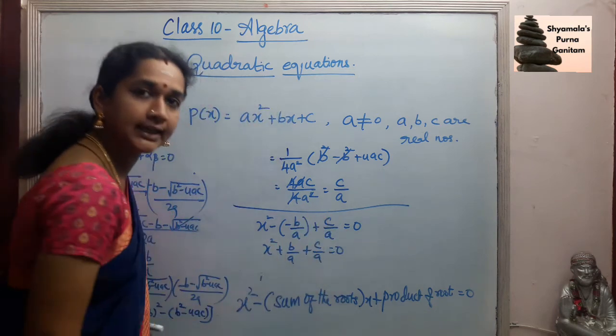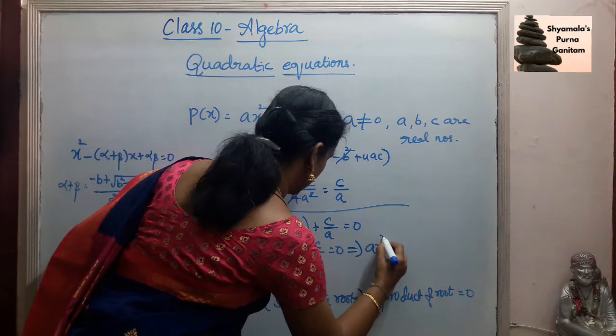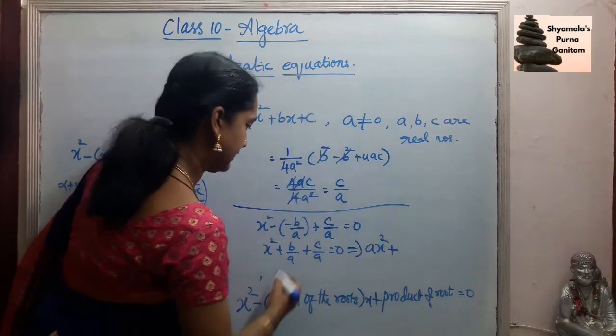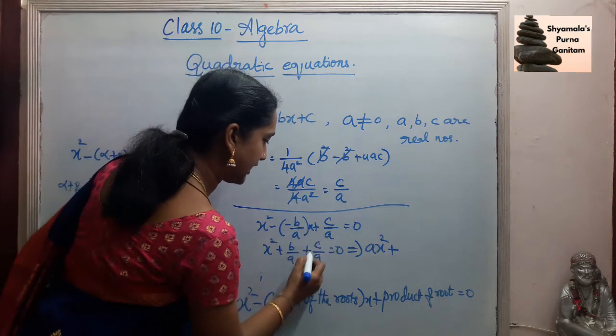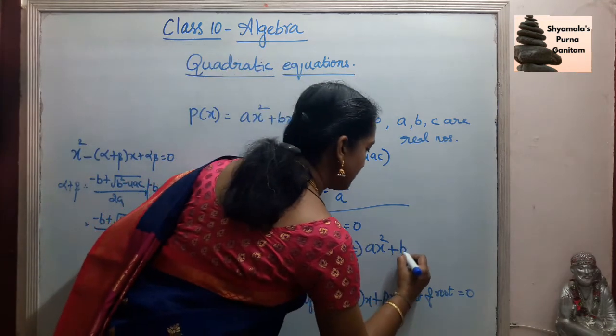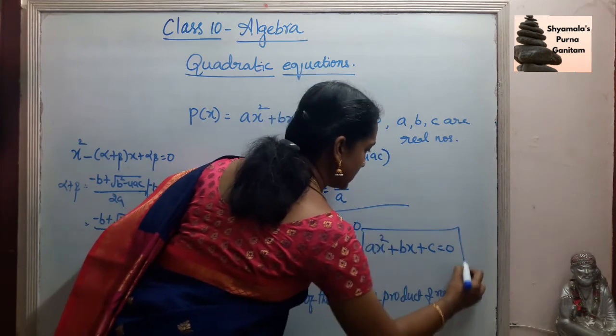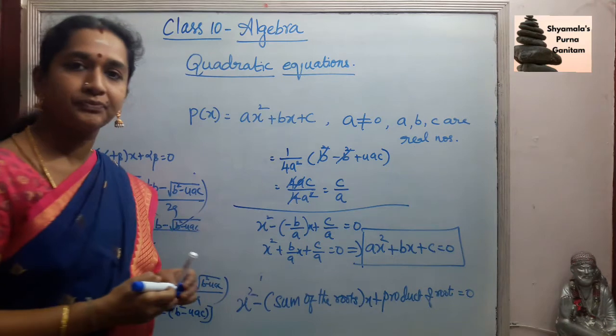Here I forgot x, so we have to write x. Taking a as the LCM, we will get ax squared plus bx plus c is equal to 0. So this is the general form.